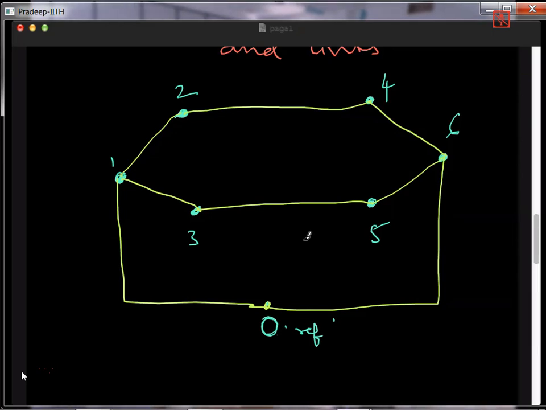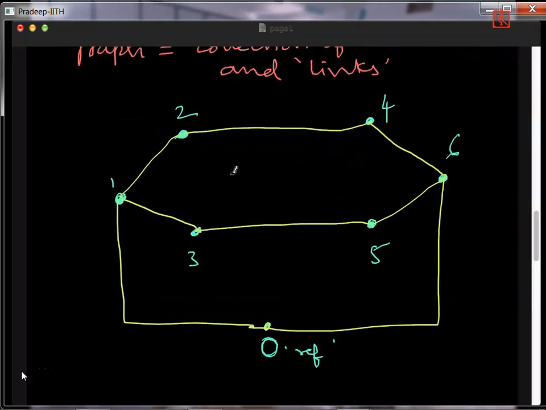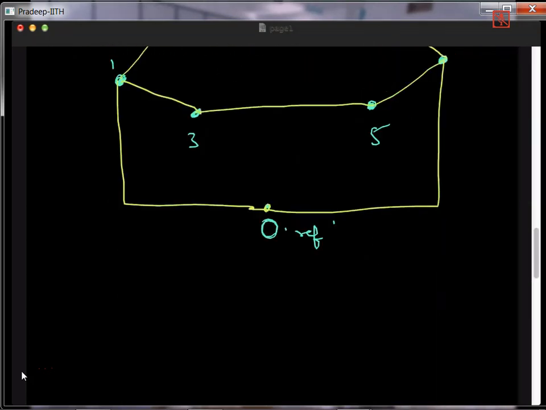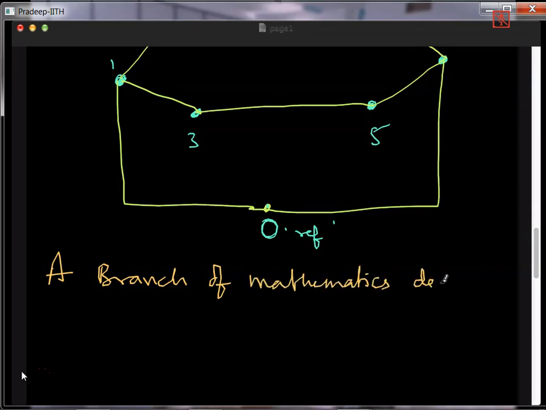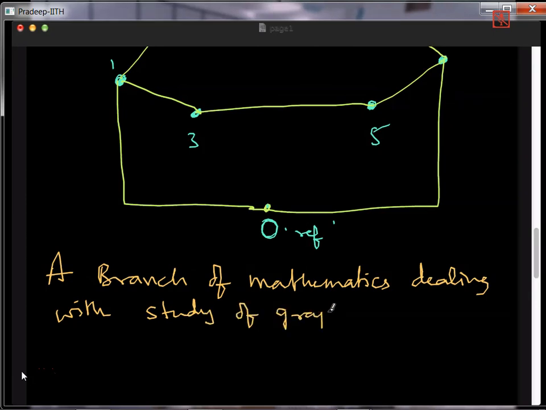So it is advantageous to represent your power system in the form of a graph so that we can analyze. There's a lot of mathematical analysis behind graphs. So a branch of mathematics dealing with the study of graphs is called graph theory.